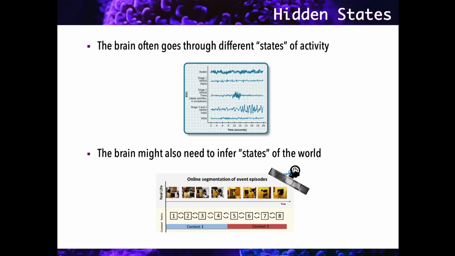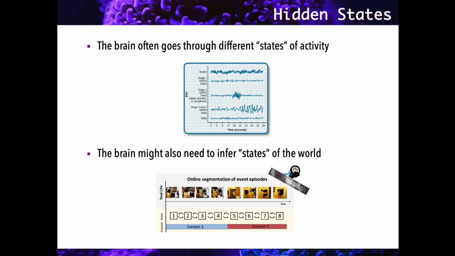We also know that a lot of the time our brain wants to infer states of the world. An example of this is our day-to-day life experiences, because our experiences arrive to us in a continuous manner. Our brain has developed the ability to segment these experiences into different discrete units that we usually call events.